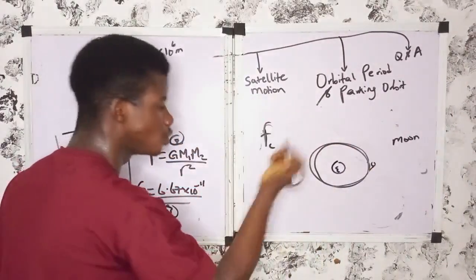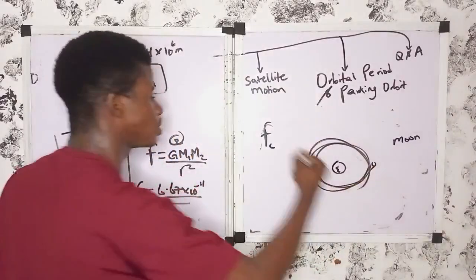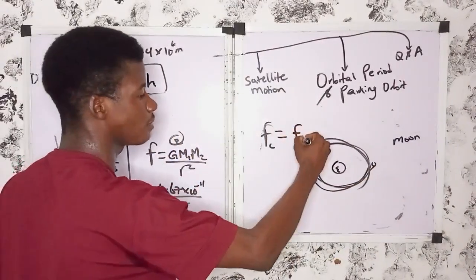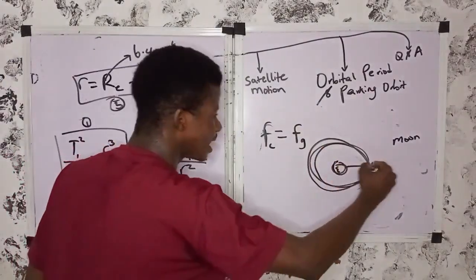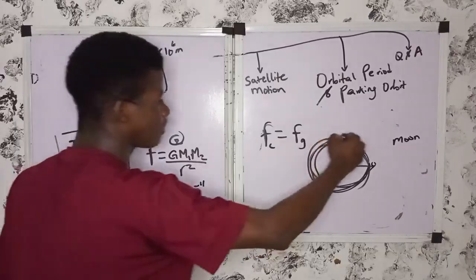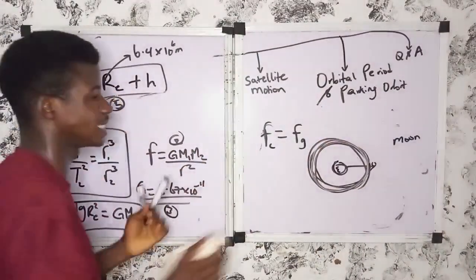What produces this centripetal force? The gravitational force. It is the gravitational force between the Earth and satellite that produces the centripetal force that makes the object keep on revolving around the Earth, right?